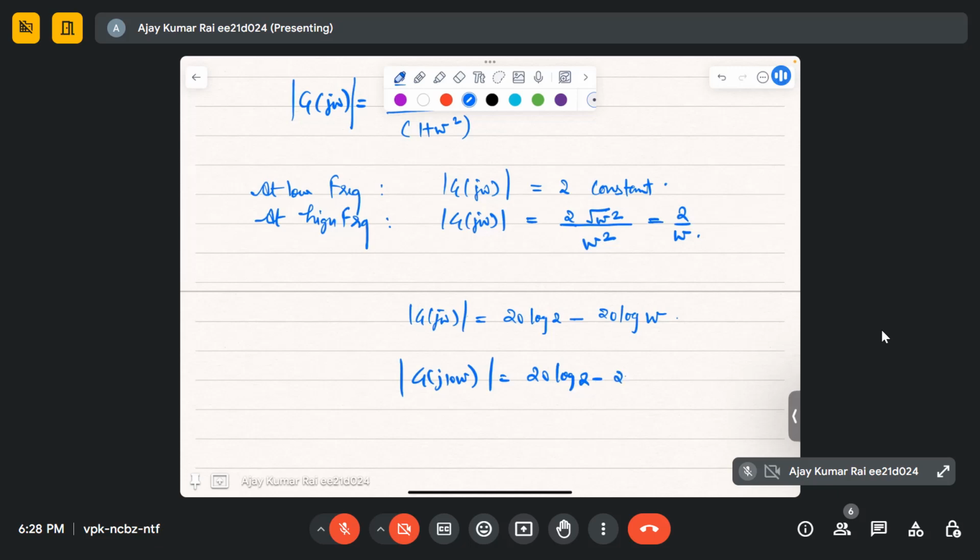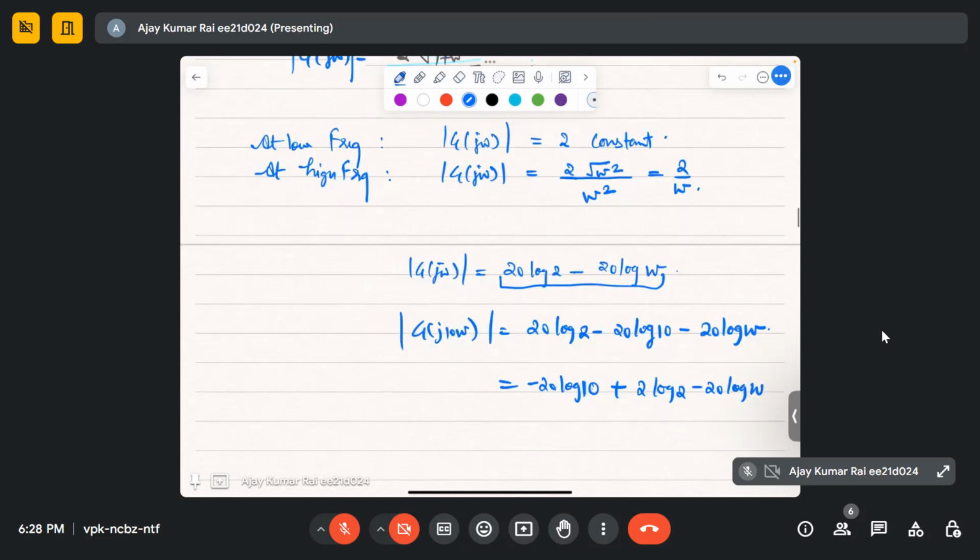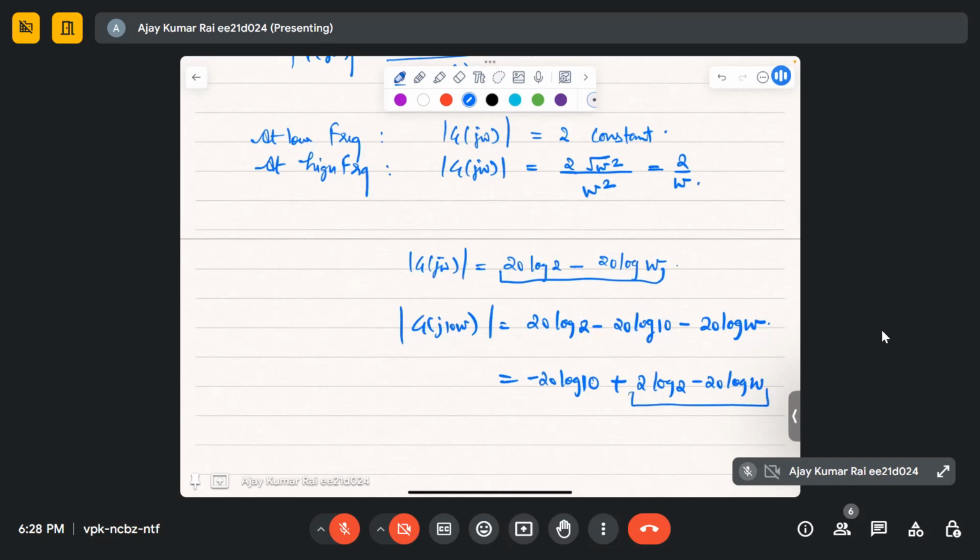If you compare, this part is the same. The only difference is 20 log 10, which is equal to 20.